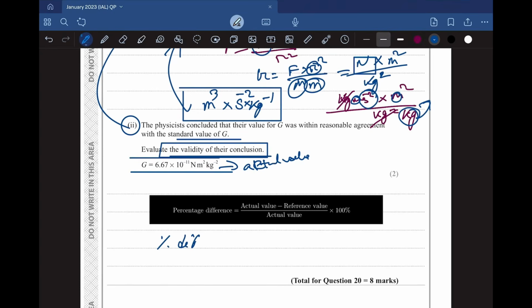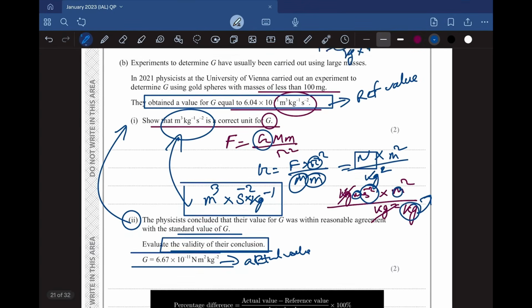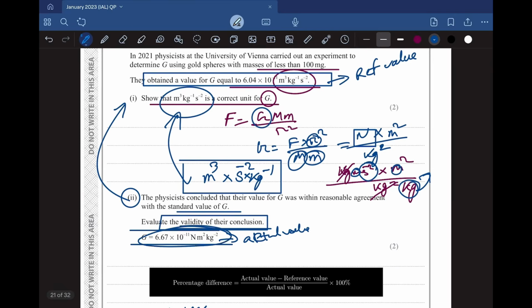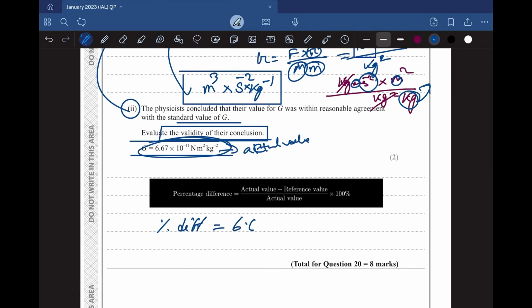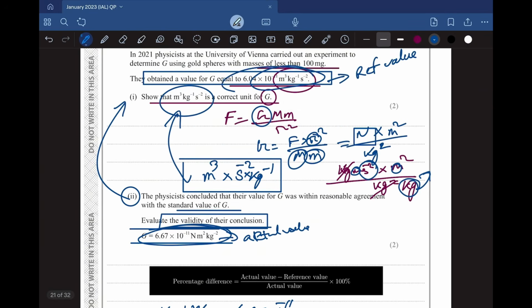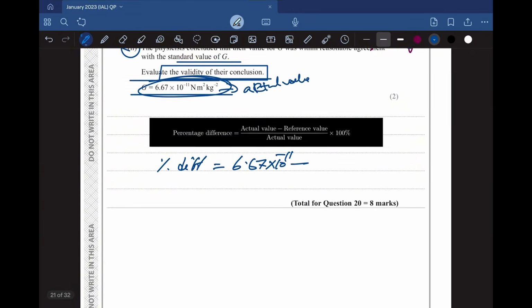Percentage difference is equal to, which one is the actual value? Our actual value is this 6.167 times 10 to the power minus 11, something that we have learned, and it is at the back of our page. Minus the reference value, which they have figured out, which is 6.05 times 10 to the power minus 11, divided by the actual value, 6.167 times 10 to the power minus 11, multiplied by 100, as the formula suggests.